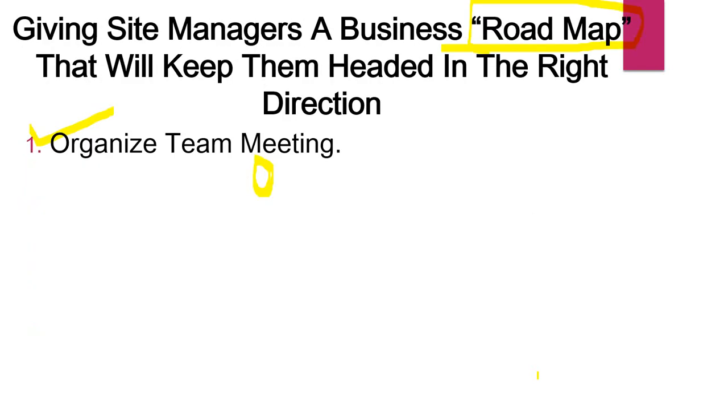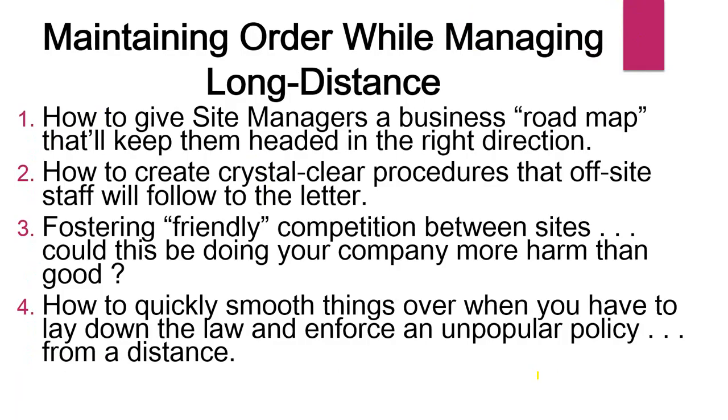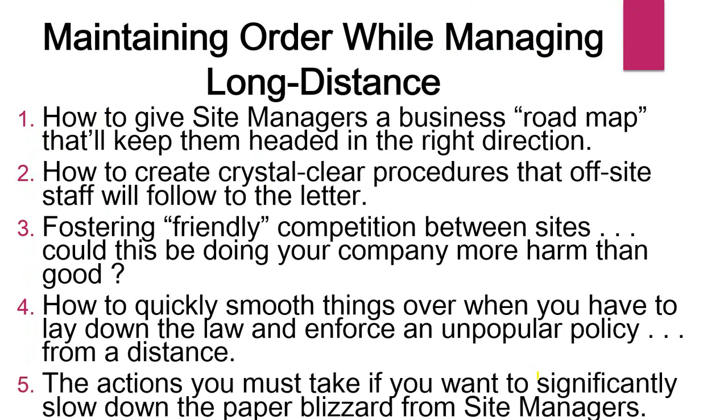So from this we are going to learn about five things in maintaining order while managing long distance. We have covered how to give site managers a business roadmap. That is done just now, and now we will see how to create crystal clear procedures that off-site staff will follow to the letter.